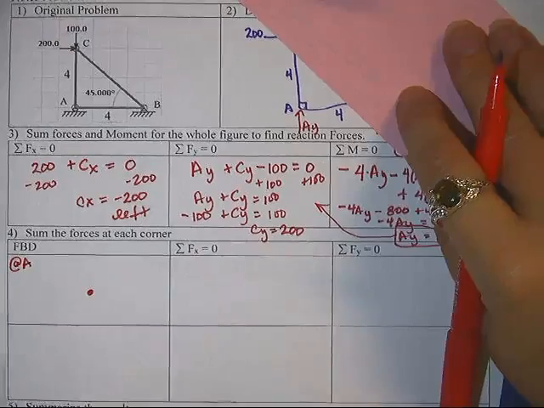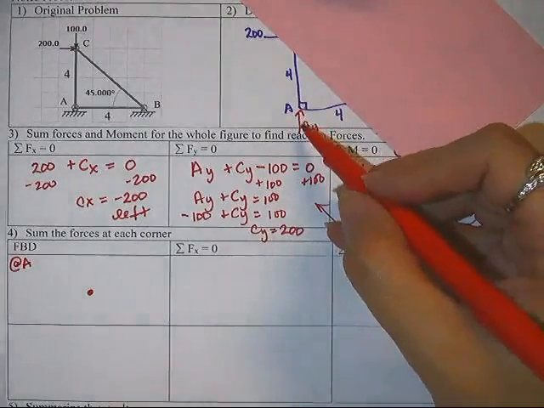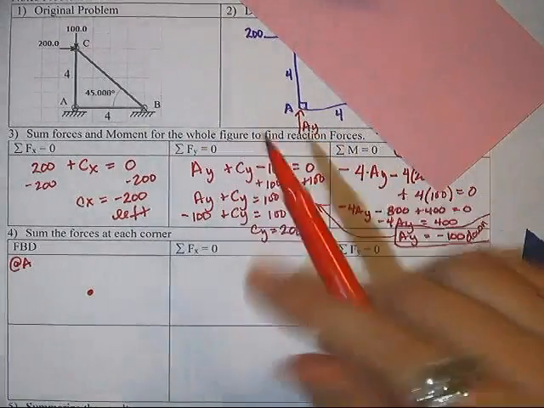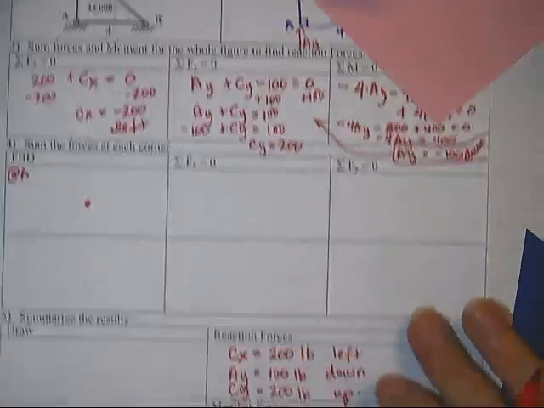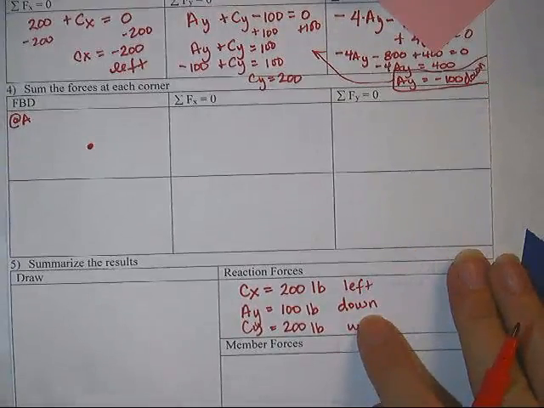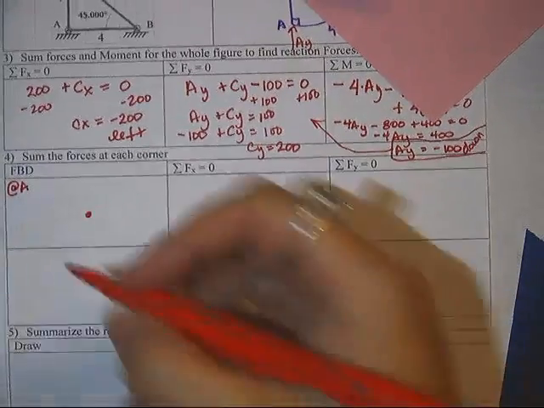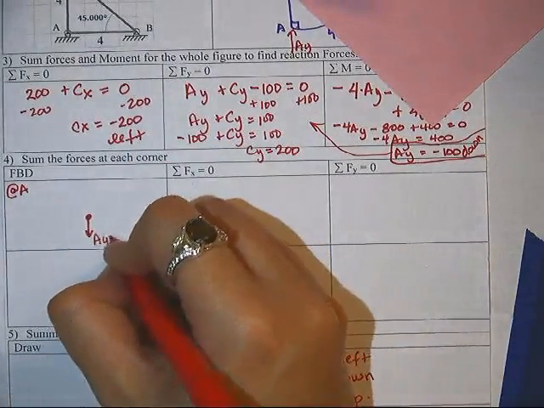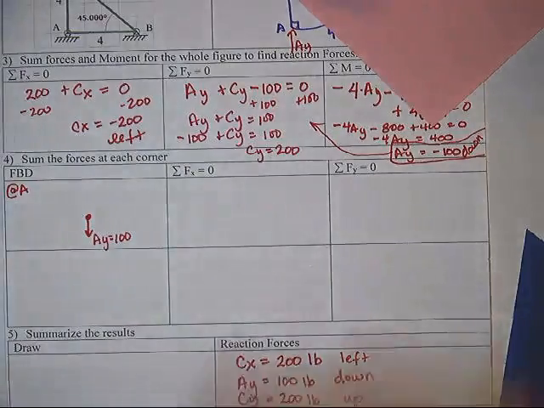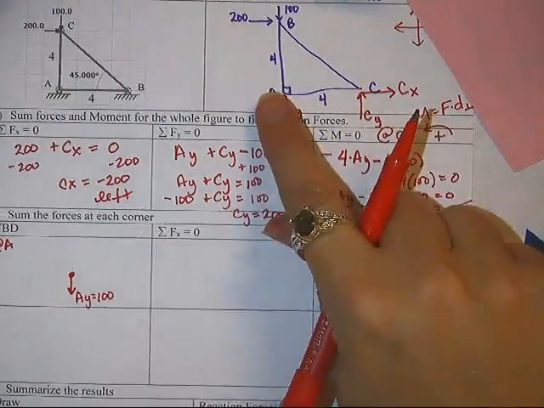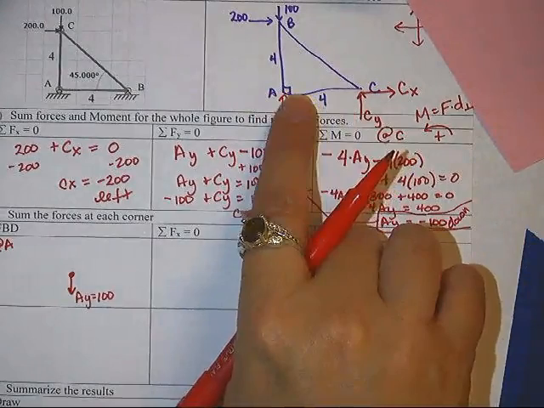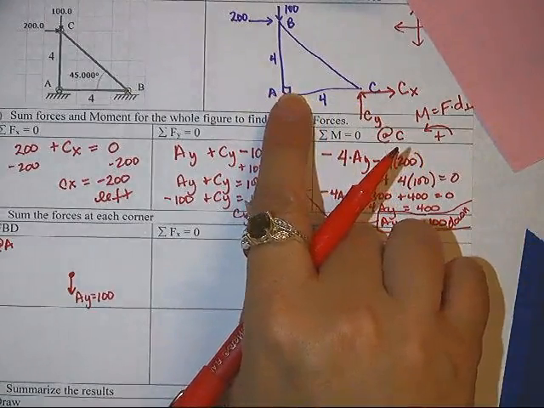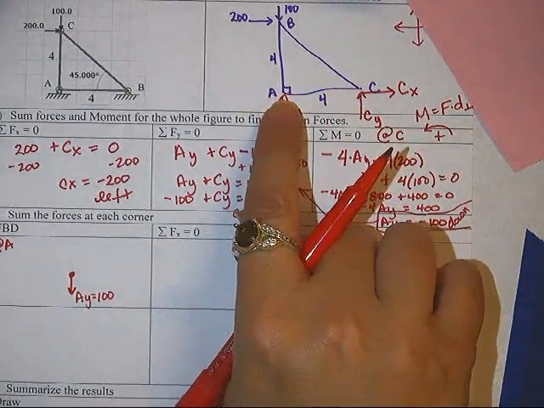Well, at corner A, I feel this AY, which was my reaction force. If we look down here at our summary, we knew AY was 100 pounds going down, so I'm going to put that force on there. Also at corner A, this member, which I'm going to call AC, is pulling on that corner.